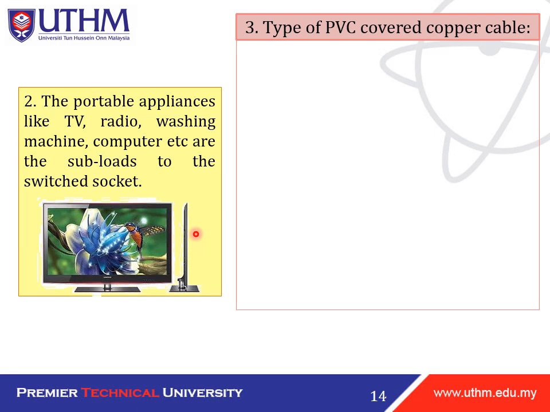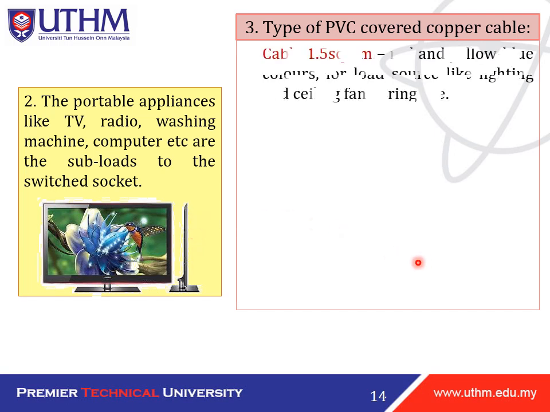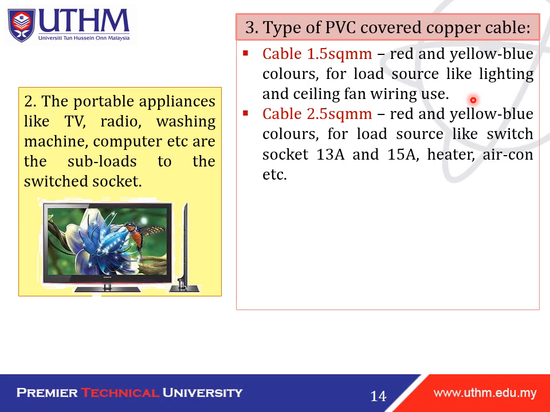And then we have the type of PVC covered copper cable. We have cable 1.5 square millimeter, red, yellow and blue colors for load sources like lighting and ceiling fan wiring. Then we have cable 2.5 square millimeter, red, yellow and blue colors for load sources like switch socket 13 amp and 15 amp, heater and aircon.